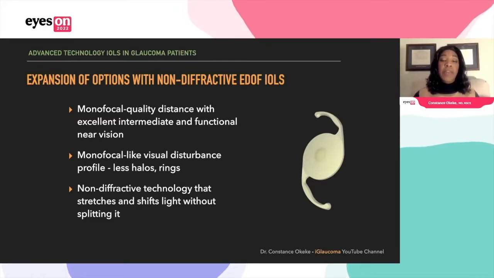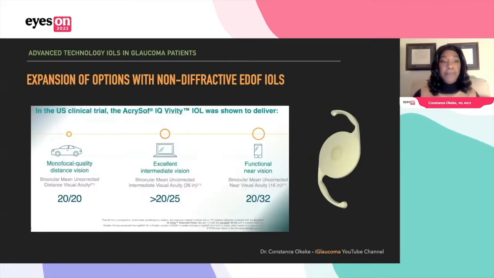Because of the design and the lack of rings, there is less visual disturbance, fewer halos, and also the lack of rings in the non-diffractive technology allows for the ability to not split light, which helps with the contrast sensitivity. So with the non-diffractive extended depth of focus lens, the Vivity lens provides this technology.